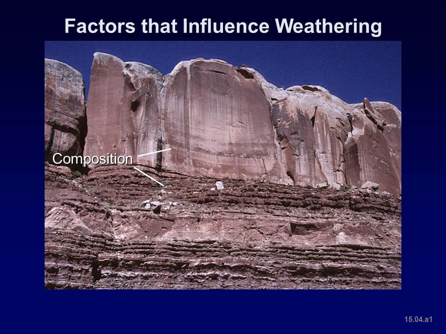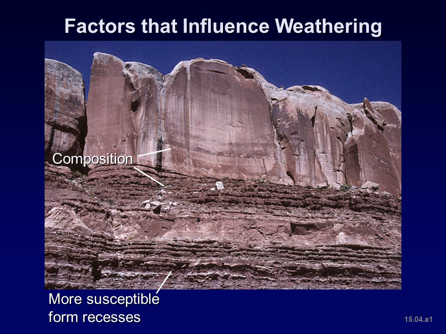This upper rock seems to be more resistant, right? It's forming these cliffs, so it's not dissolving or breaking down, whereas the lower rock seems to be breaking apart more readily. The type of rock will determine whether it is more or less susceptible to forming recesses.